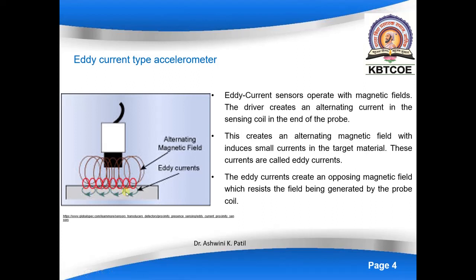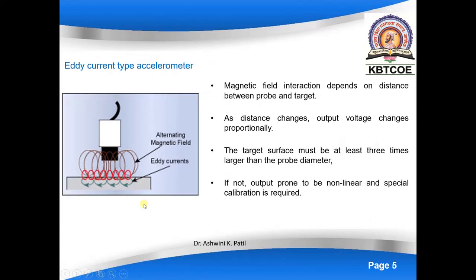This eddy current creates an opposite magnetic field which resists the field being generated by the probe coil. The magnetic field interaction depends upon the distance between this probe and object, and so this output voltage can be calibrated for the measurement of distance between these two.